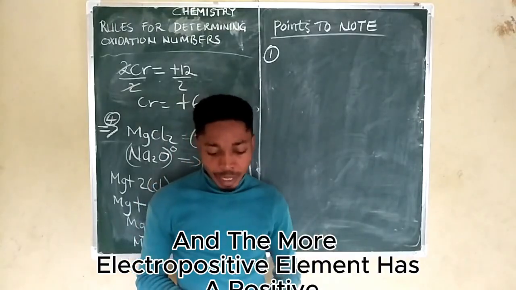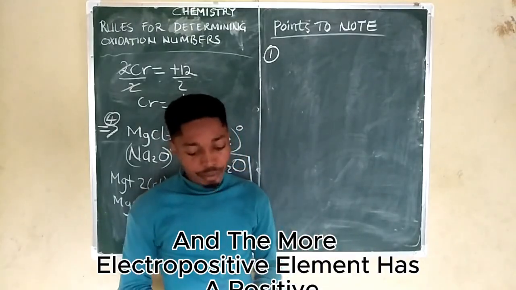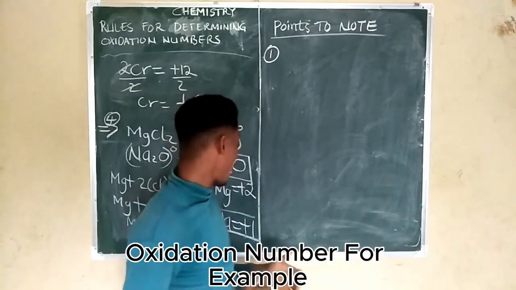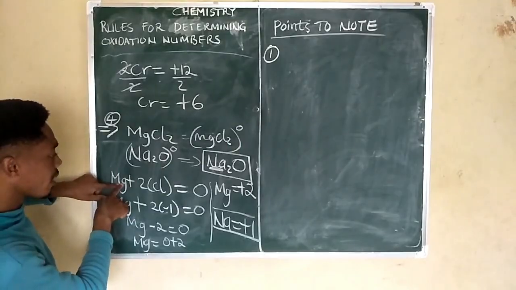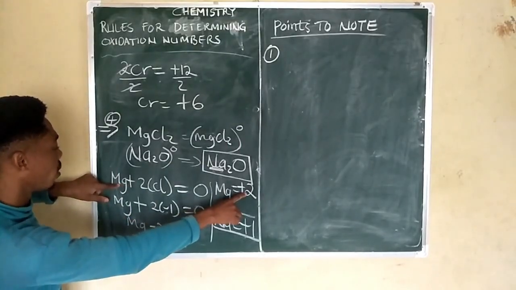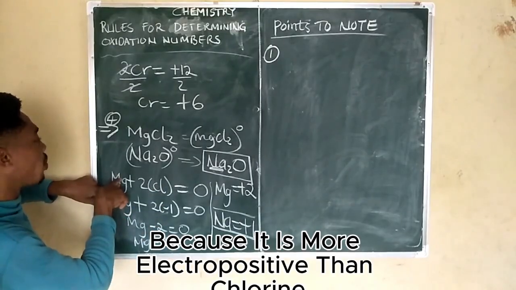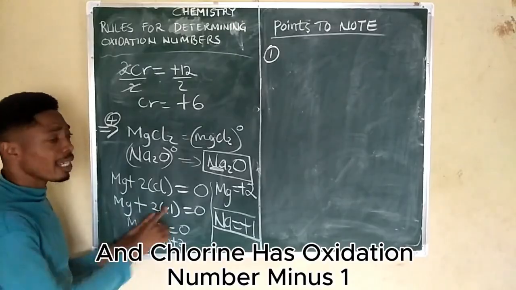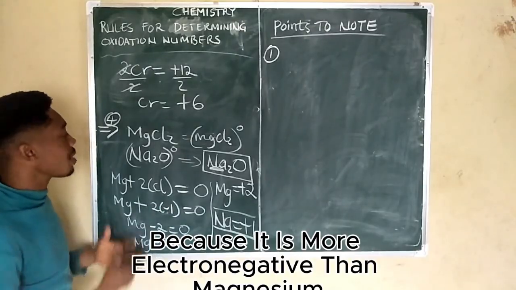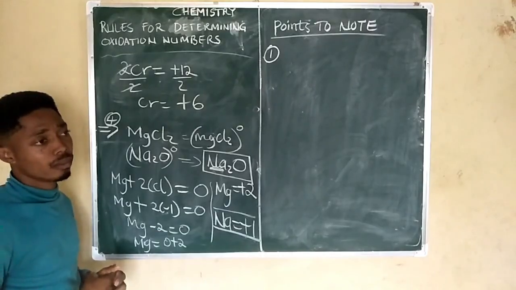And the more electropositive elements have a positive oxidation number. For example, this element has a positive oxidation number plus 2 because it is more electropositive than chlorine. And chlorine has oxidation number minus 1 because it is more electronegative than magnesium.